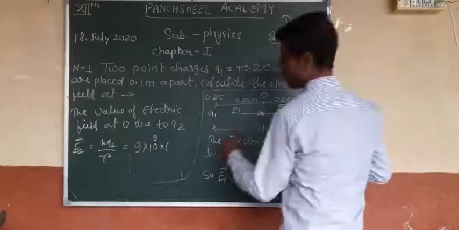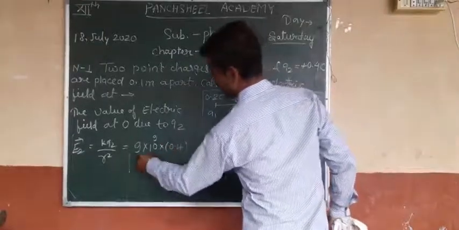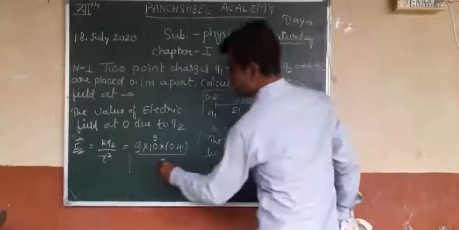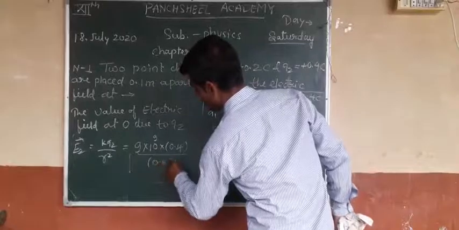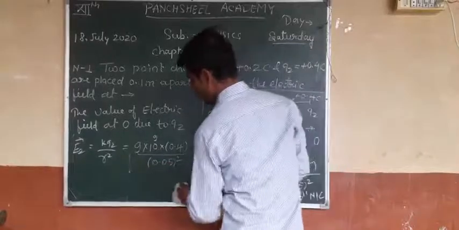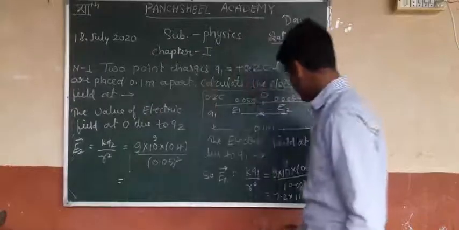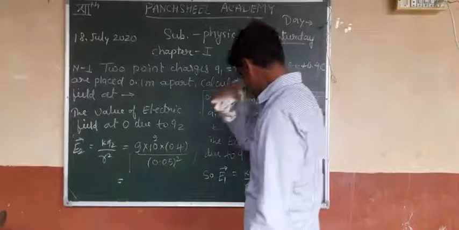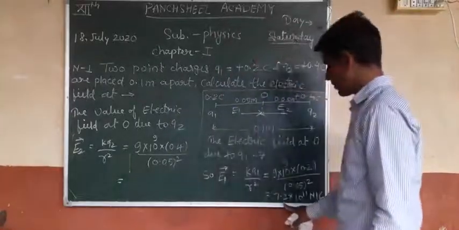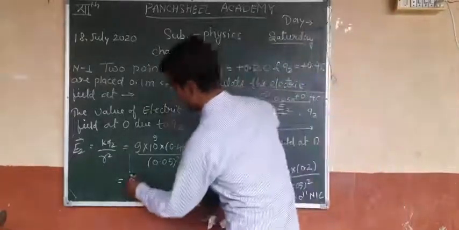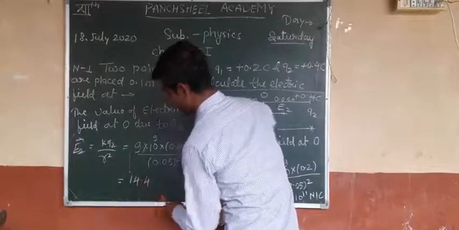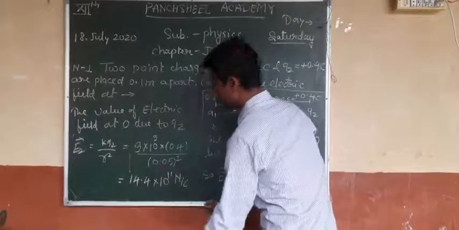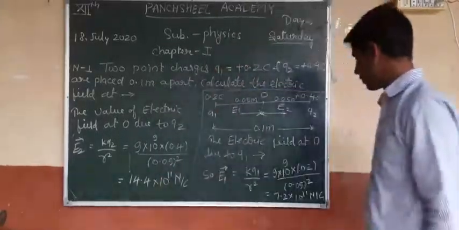Q2 is 0.4 upon distance, that is 0.05 whole square. Okay. So solve this. It's just 0.2 and it is 0.4, so double of 0.2. So multiplying this, we will get answer 14.4 into 10 to the power 11 Newton per coulomb. This is the value of E1 and E2.